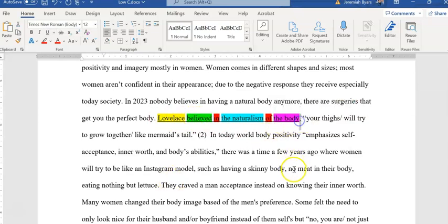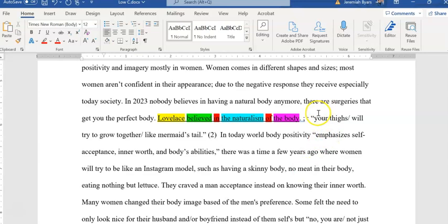Therefore, this comma can't be here. This needs to be a period or a semicolon, or a colon.